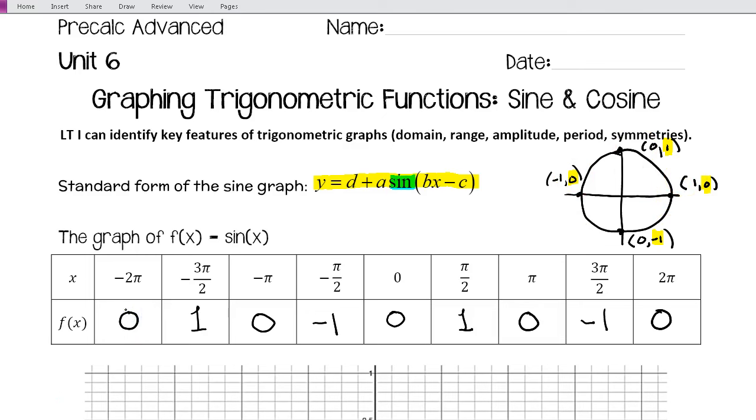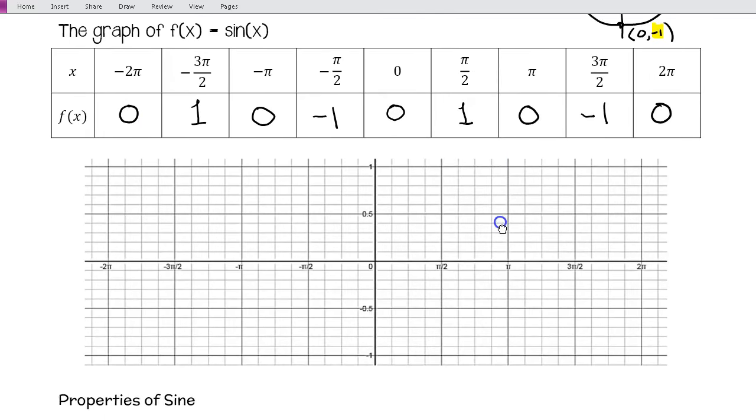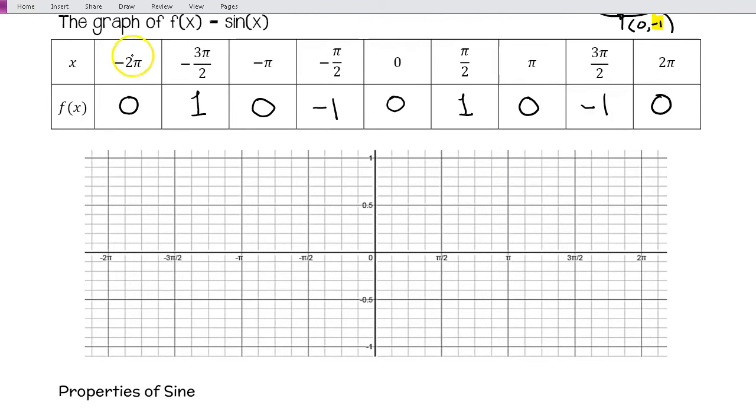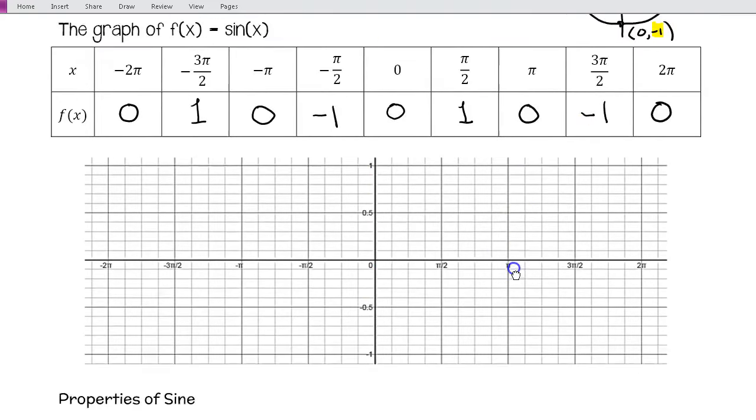So I have this whole chart of ordered pairs, and what I want to do is graph them. Notice my x-axis here are the angles, and my y-axis is going to correspond to the y-coordinates, the highlighted values, on the unit circle here.